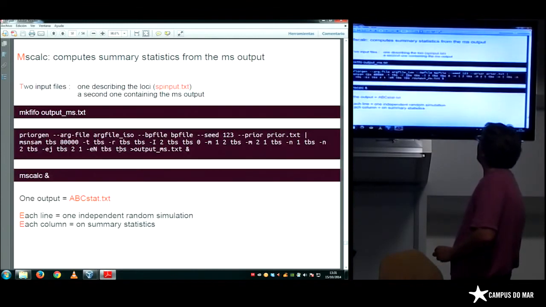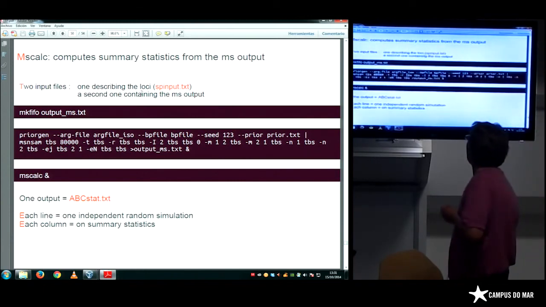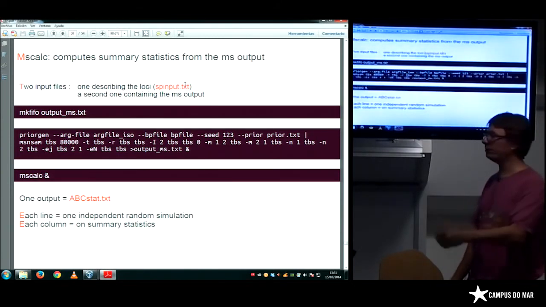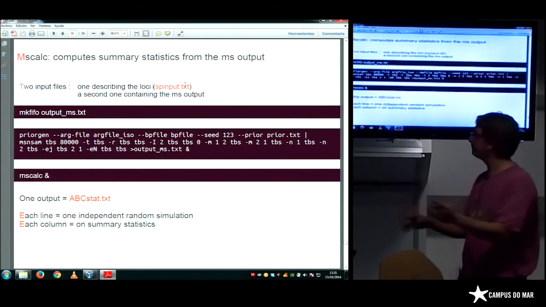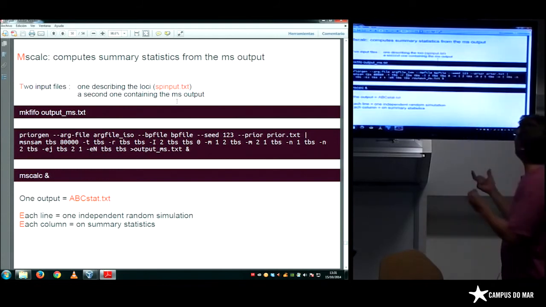So MSCalc needs two input files. One is a file that describes your loci. So it's called spinput.txt. You have it in your folder already for the data set of 8 loci. And the second one is the MS output.